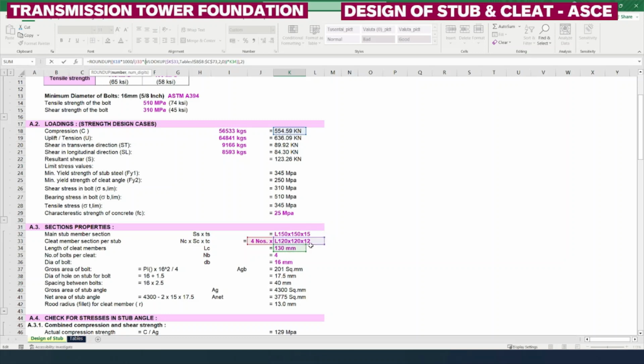In this, 120 is the side span or width of the cleat. So 120 into the length of the cleat member, which we have considered as 130 mm.